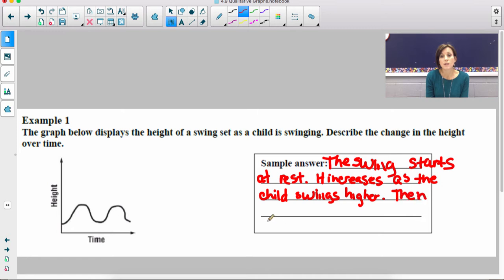Then the swing decreases, it loses height when the swing goes back down. So the swing decreases in height on or after they pump. I don't know how we write this. After they pump, sorry about the writing.